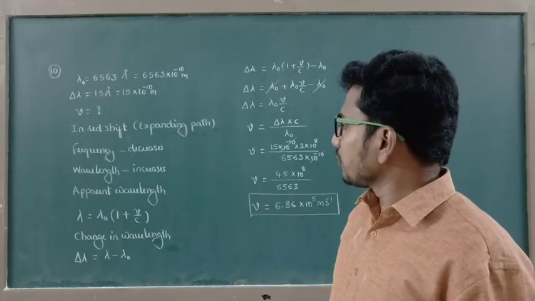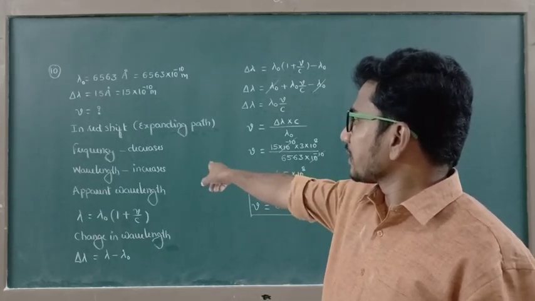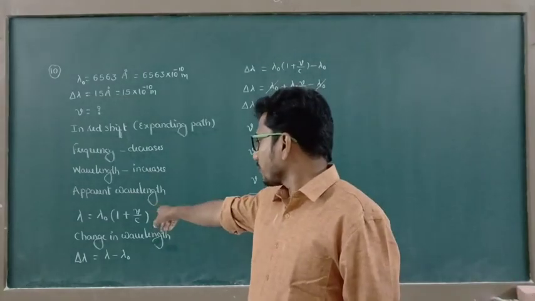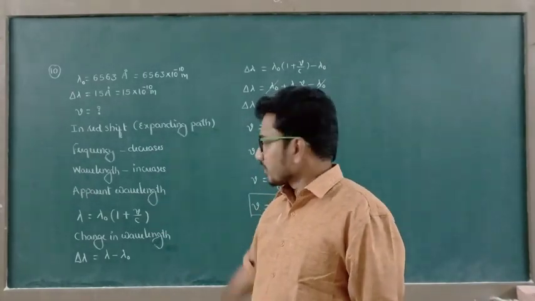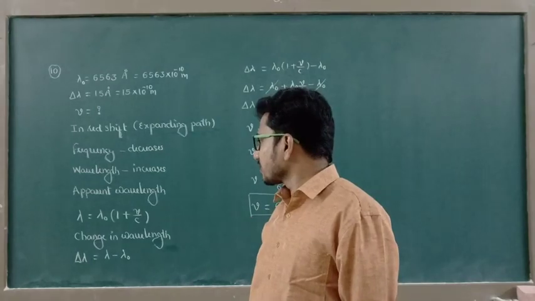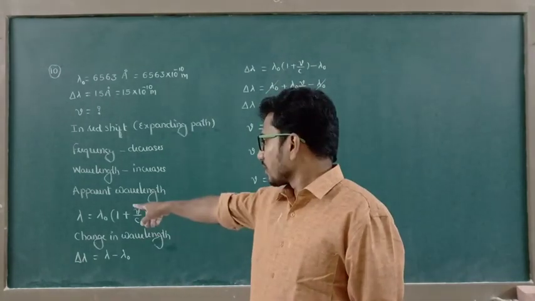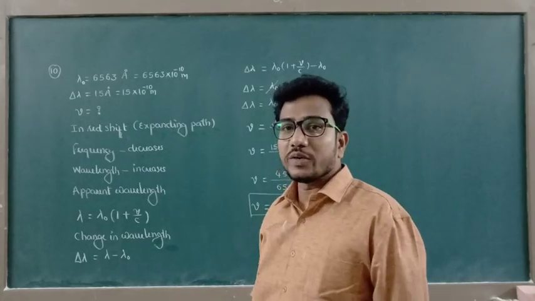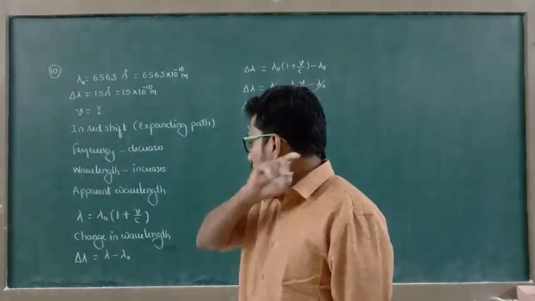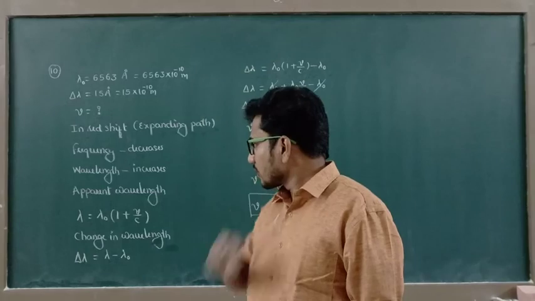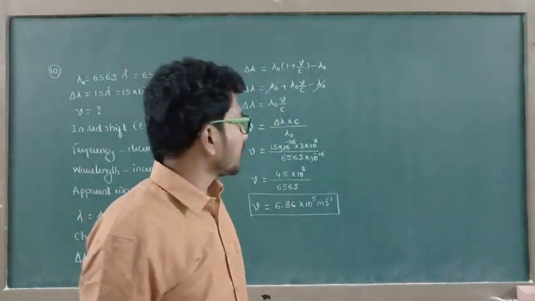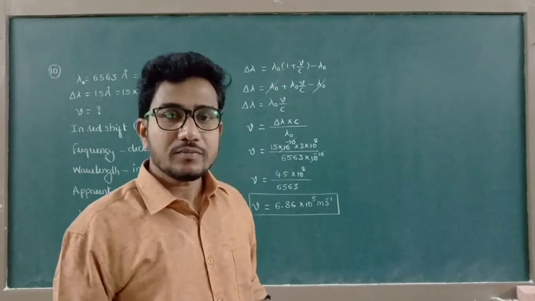In case of blue shift, frequency increases, that means nu is equal to nu naught into 1 plus V by C, and hence wavelength decreases. In case of blue shift, lambda is equal to lambda naught into 1 minus V by C. So like this, if you know the way how to use the formula, then you can solve any type of numericals.